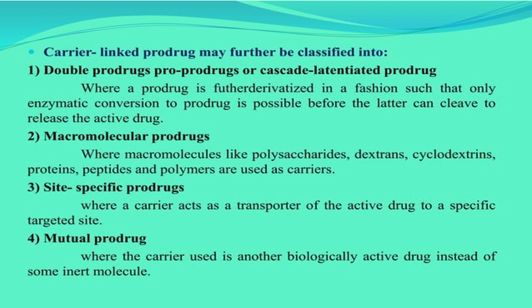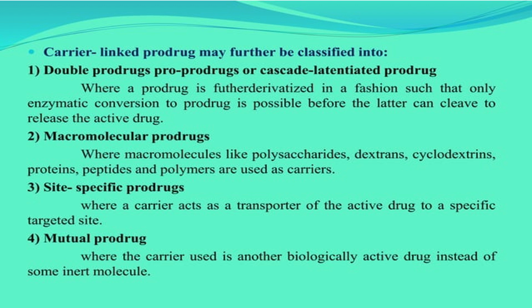Now next is site-specific prodrug, where the carrier acts as a transporter of the active drug to a specific targeted site. In this case, the carrier acts as a transporter of the active drug to the specific target location. This is site-specific prodrug.